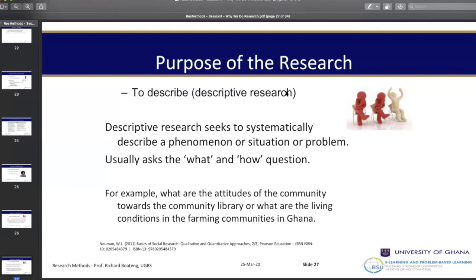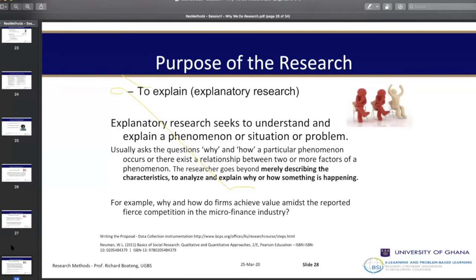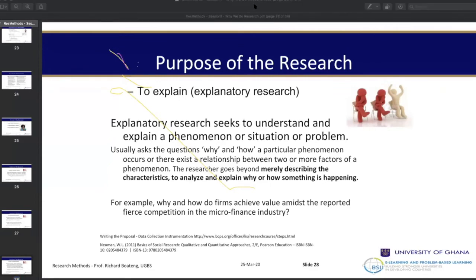However, if you want to go further to understand why do some students steal the books, why do some students come to the library and spend all their time talking, why do some students try to hide the books, because you have observed that behavior among them, then you are going to what we call explanatory research. Explanatory research tries to find causality. Causality meaning that they are trying to find why something occurs, and trying to find the factor that causes it to happen.